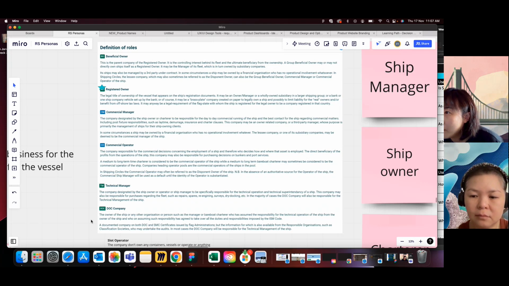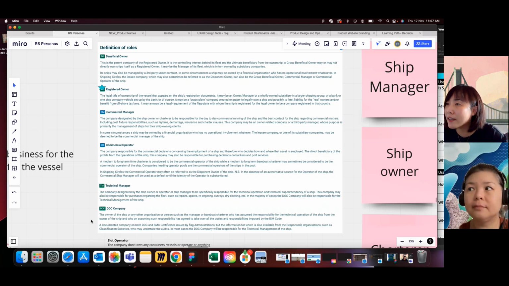A medium to long term time charter is considered to be a commercial operator. Yes, I think that is the ship operator. It's the same.